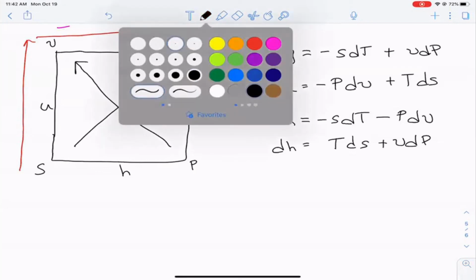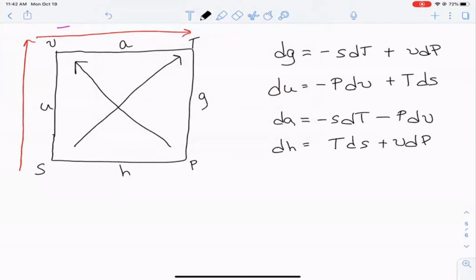I start in my initial corner and I write d of whatever that corner is. So in this case, it's dS, because I started here and I'm ending up here. And so I go from dS to V, so then I get dS dV, and I'm going to temperature. So this L shape told me that I'm going to go dS dV at constant temperature.